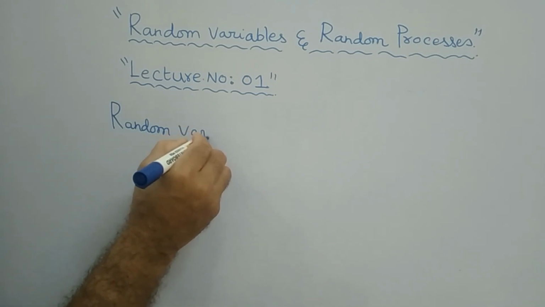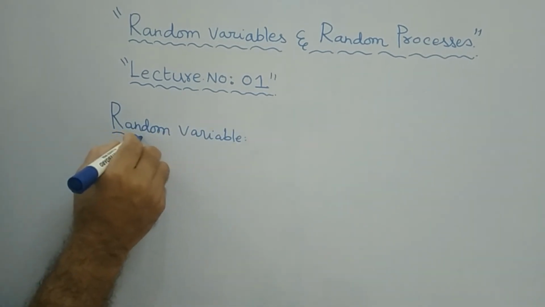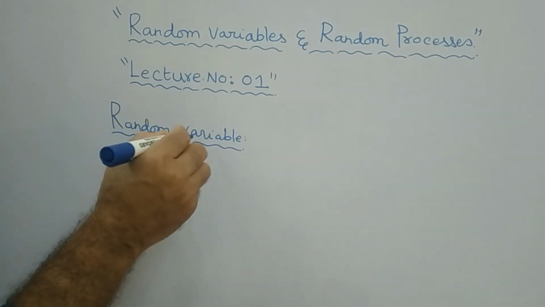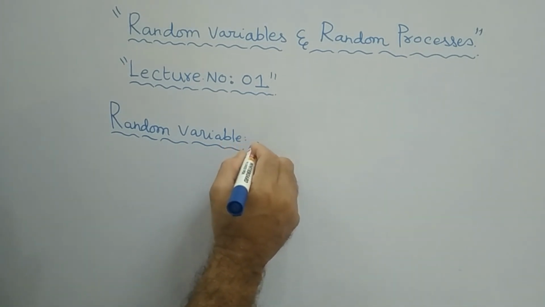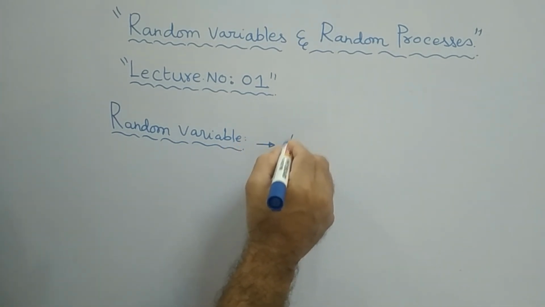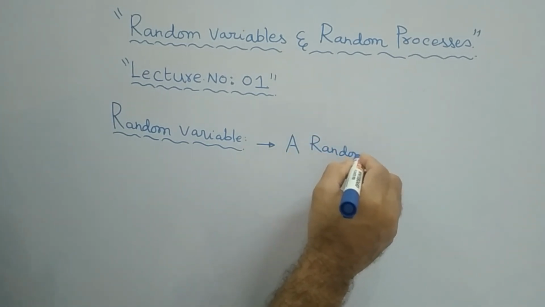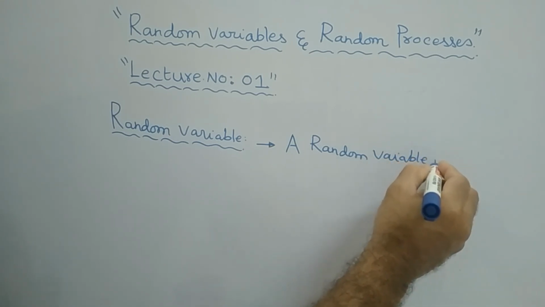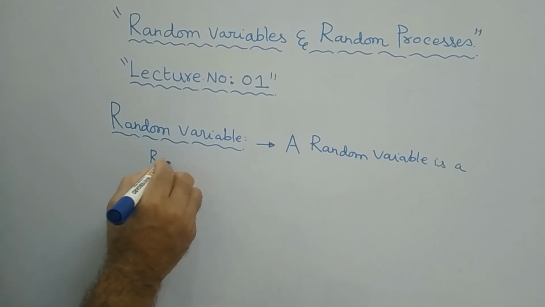Say for example, a random variable is nothing but a real valued function. A random variable is a real valued function.